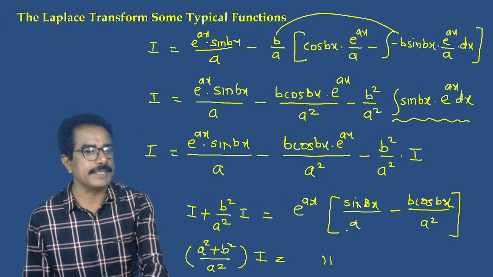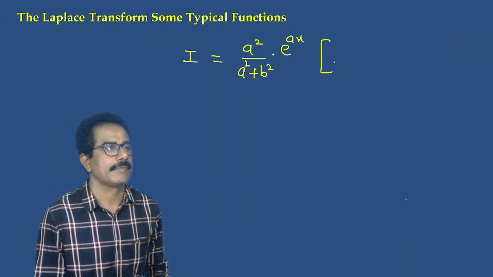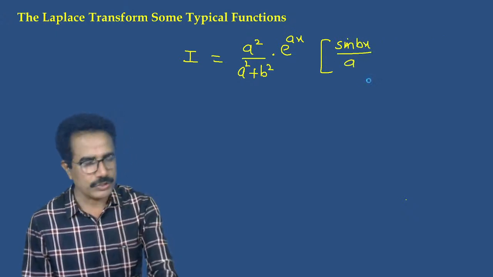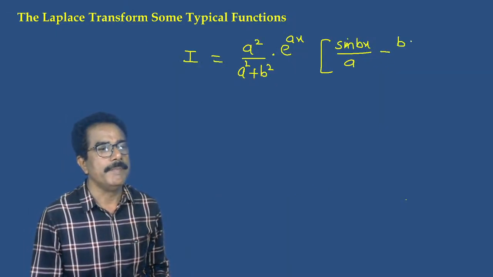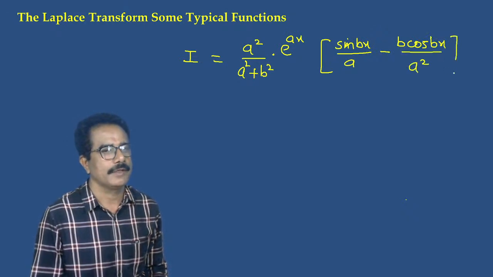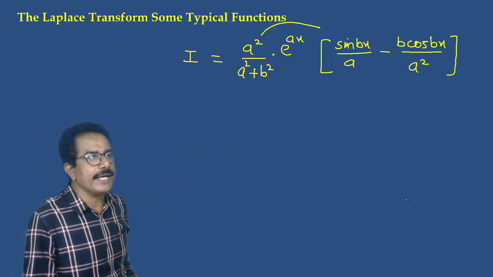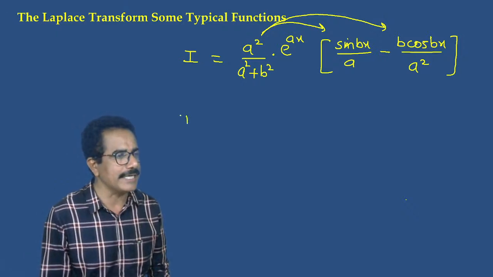The remaining terms in the bracket as it is, sin bx divided by a minus b cos bx divided by a square. Now you can multiply by a square in the bracket. Then we will get the final result.